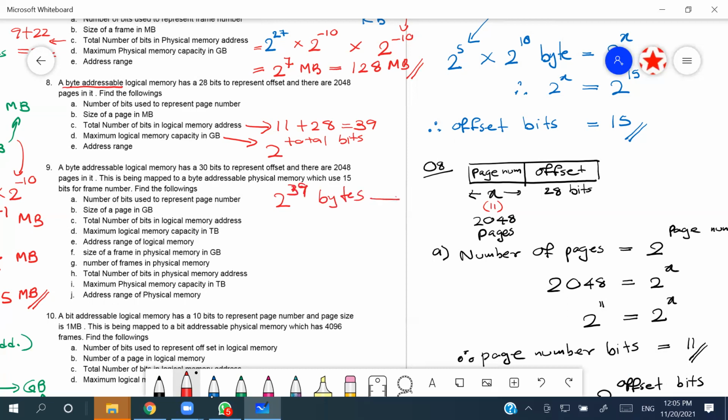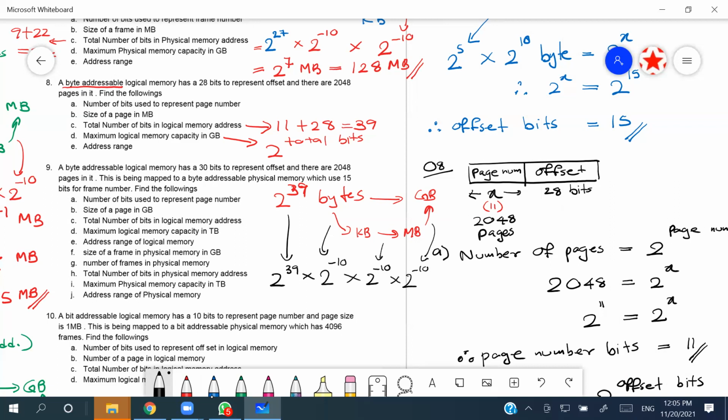So if we move from bytes to kilobytes, megabytes, then we got gigabytes. So what will happen? 2 to the power 39 will be here. 2 to the power minus 10 is for this. Another 2 to the power minus 10 is for this. And another 2 to the power minus 10 is for this.